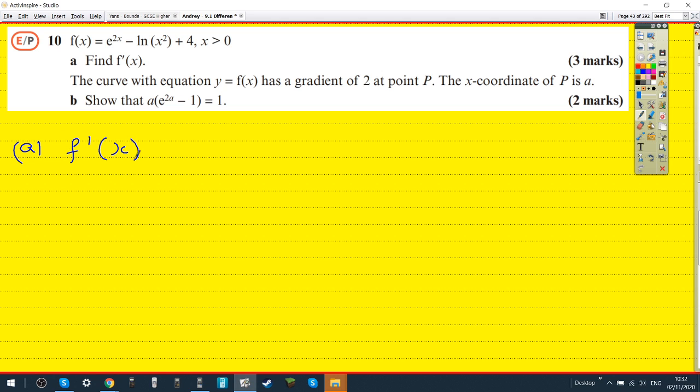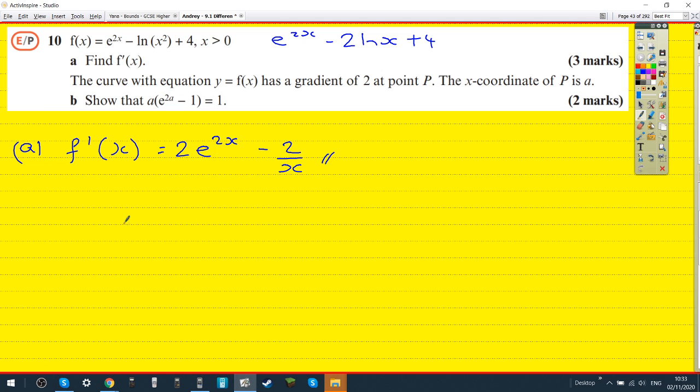So for A, will that turn into... should I first of all make it so that it's e to the 2x minus 2 ln x plus 4? Yeah. And then after, do I do 2e to the 2x minus 2 over x? Yep. And is that it?